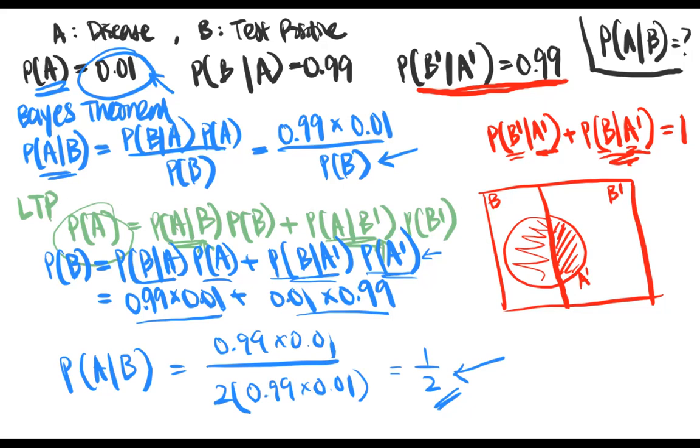That's right. You start to see the relationship between test accuracy, the population proportion, and the flipped probabilities as well.